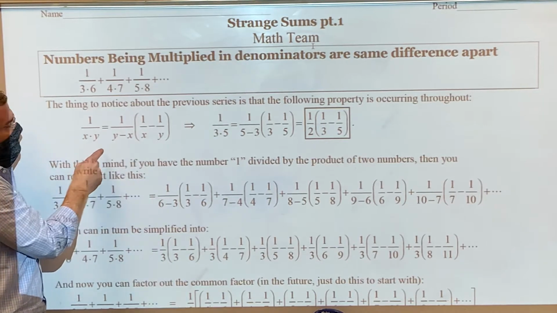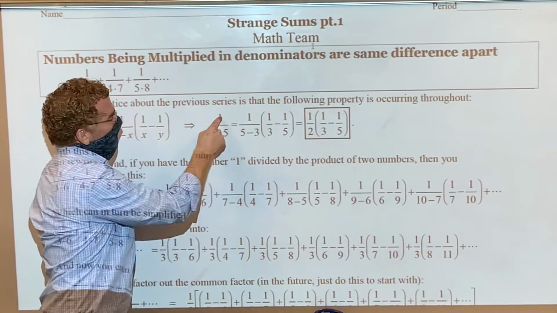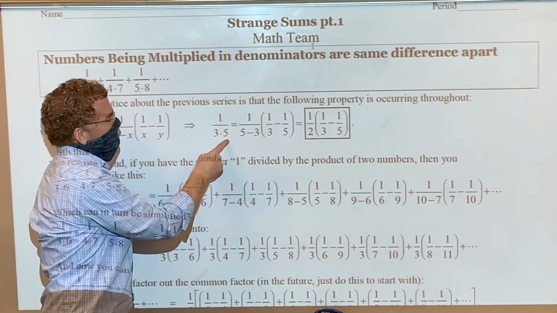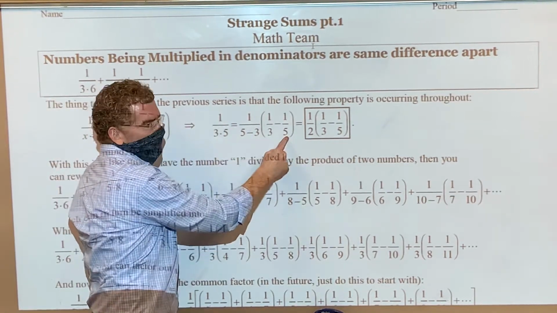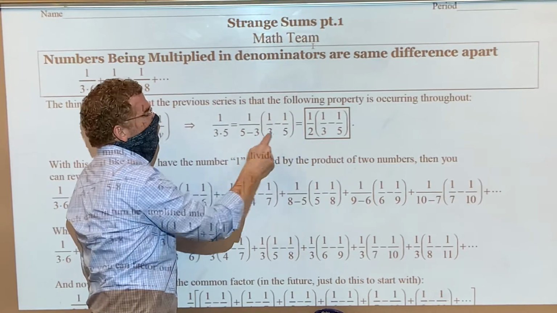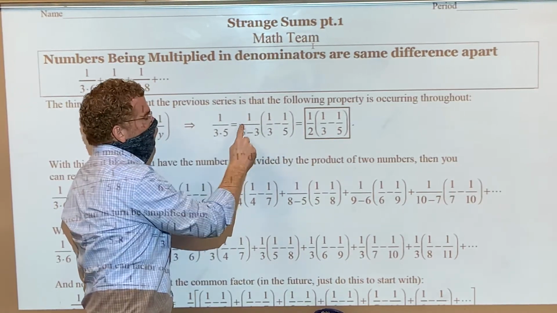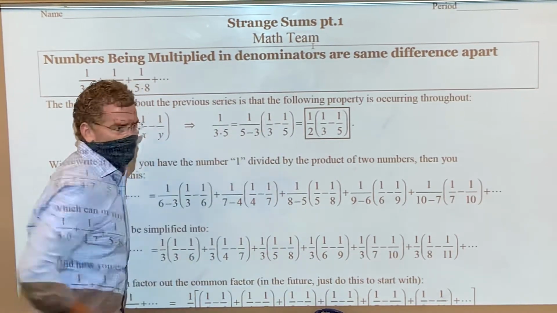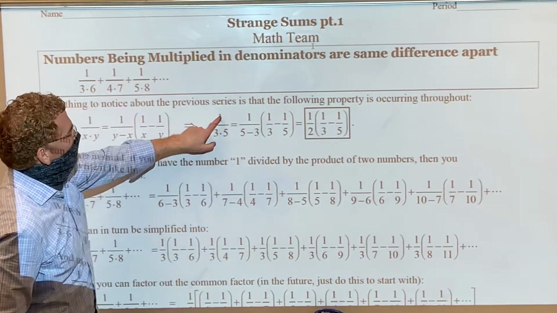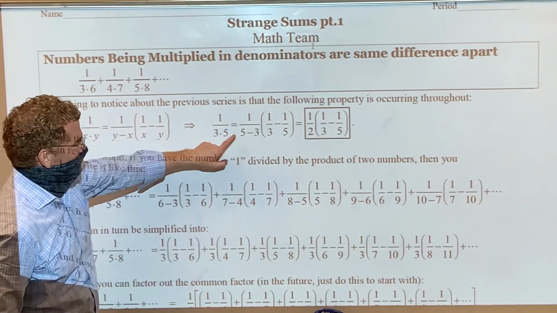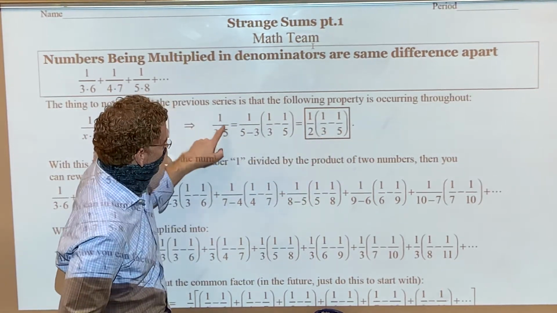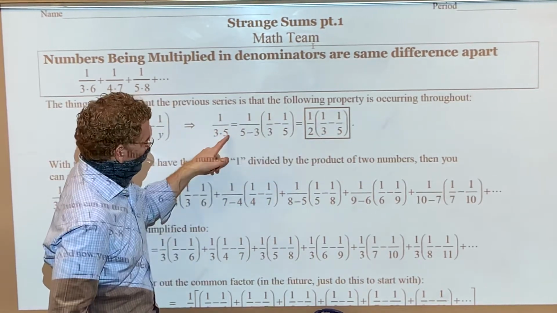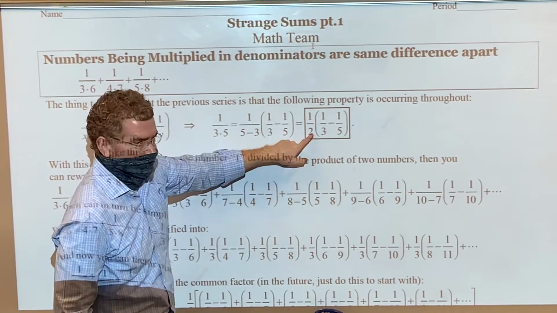And the way you do it, it'll be easier to look at this. 1/3 times 5 is the same thing as 1/3 minus 1/5, times 1/5 minus 3. So literally, 1/3 times 5 is the same thing as 1/3 minus 1/5 times 1/5 minus 3, which is 2.